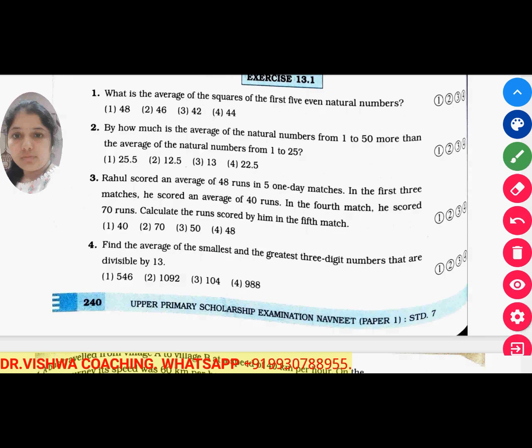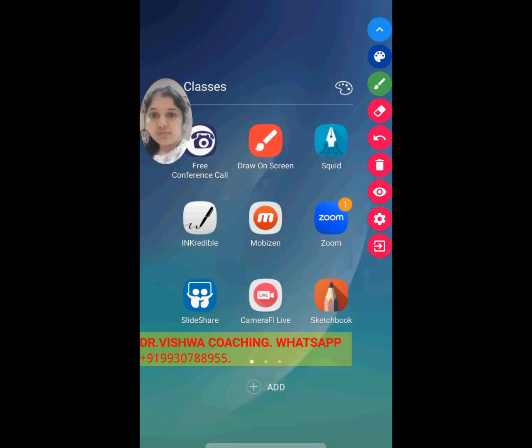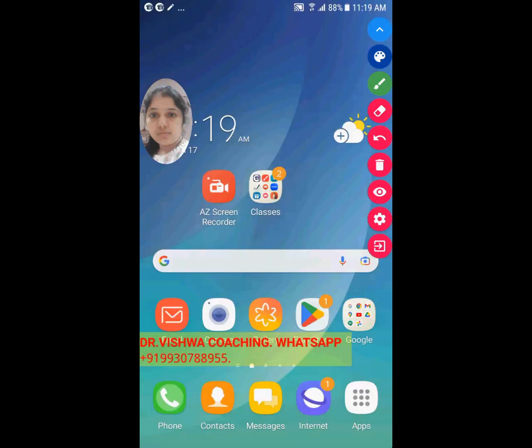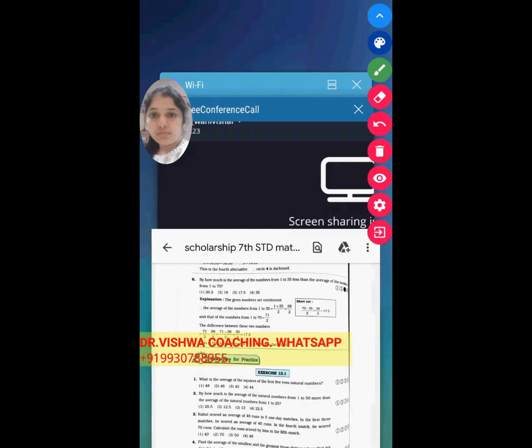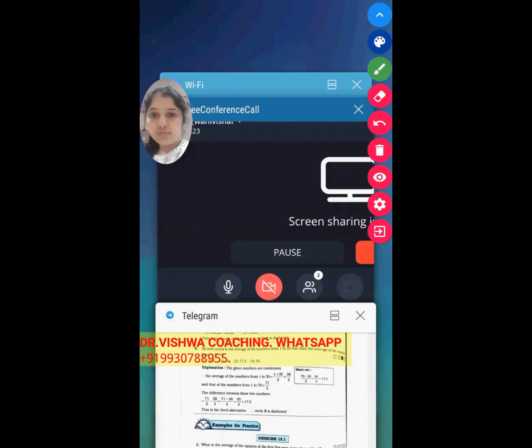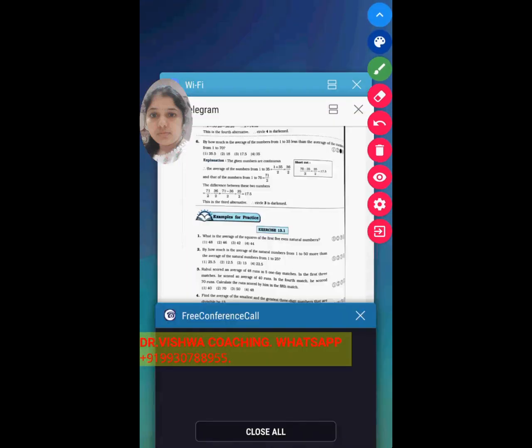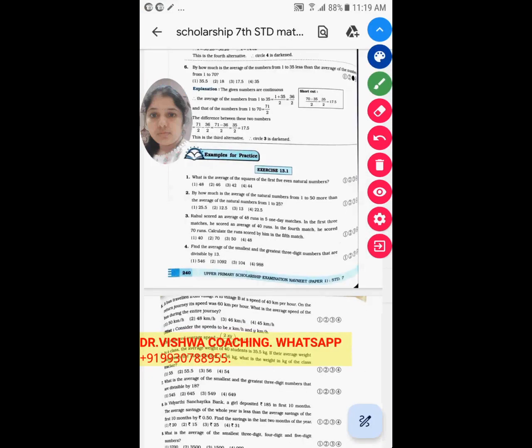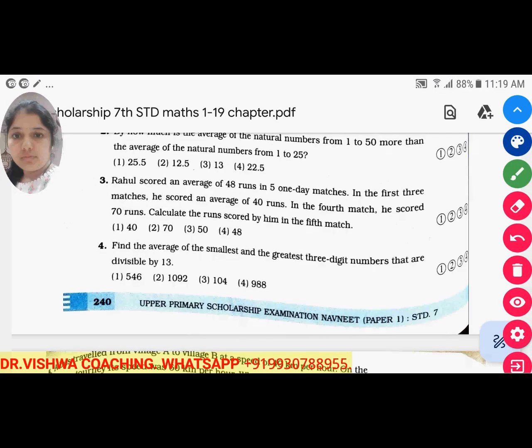Now you have to calculate the average of... In the fourth match, how many runs did he get?